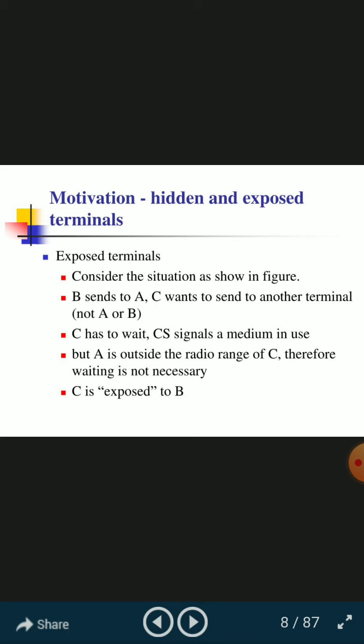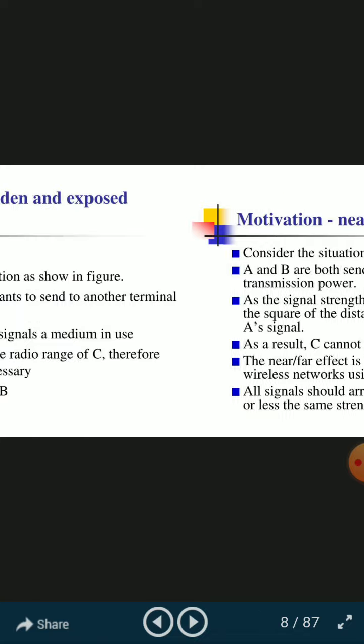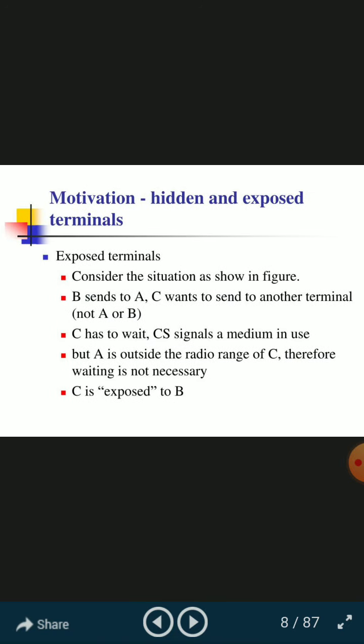What happens in the exposed terminals? For this example we consider this picture. Here also three devices are communicating. B sends to A. C wants to send to another terminal, not A or B. C has to wait because carrier sensing signals the medium is in use.